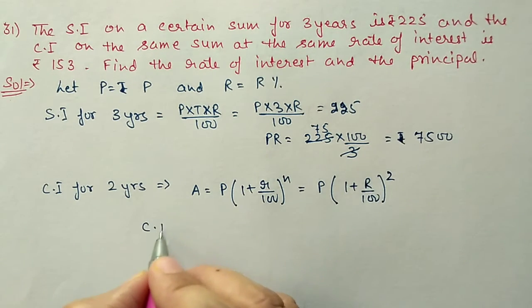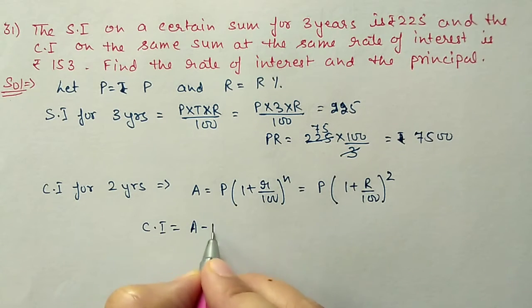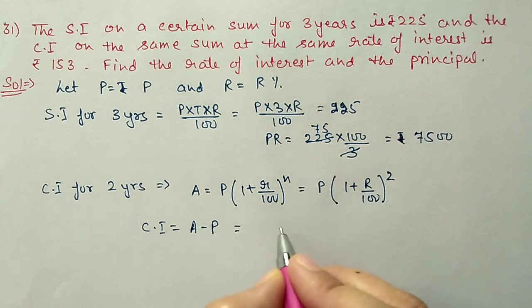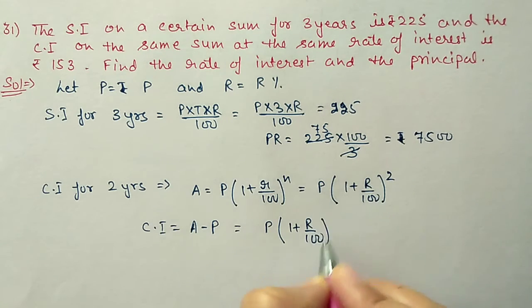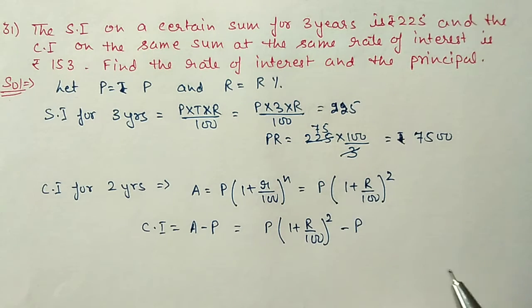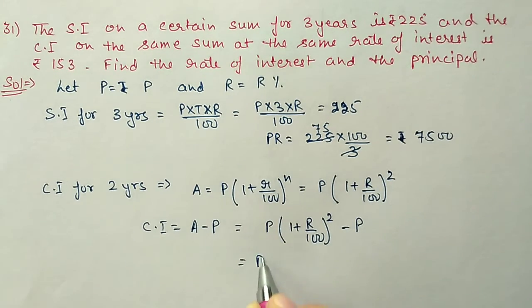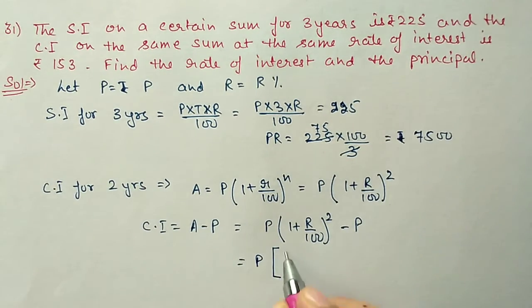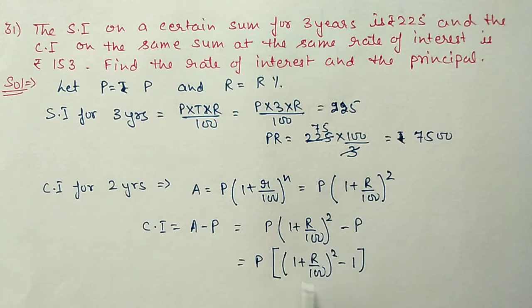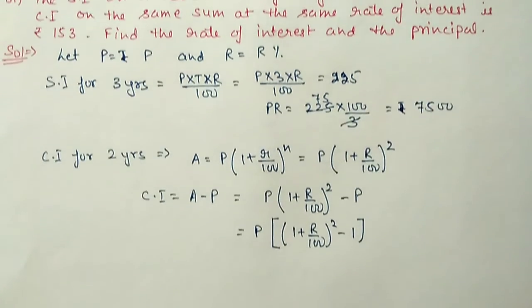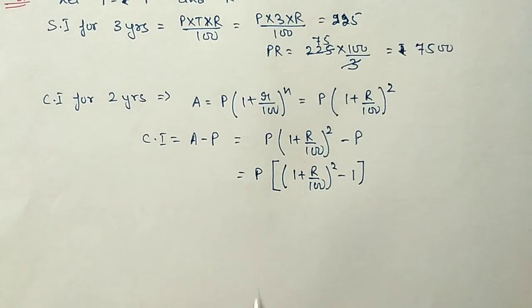So compound interest will be A minus P. A we have taken as P into 1 plus R by 100 to the power 2, and minus P. So P we can take out common and we will get P inside the bracket, 1 plus R by 100 to the power 2 minus 1.